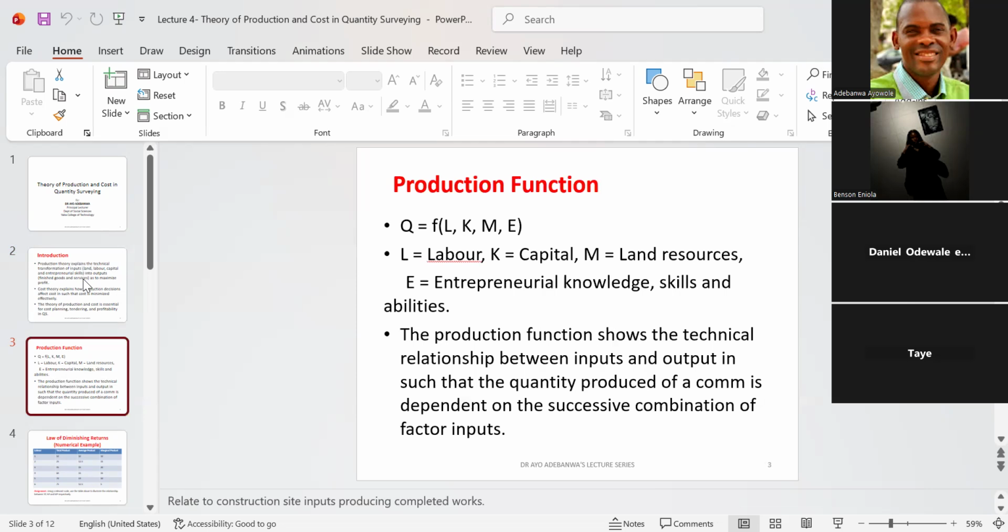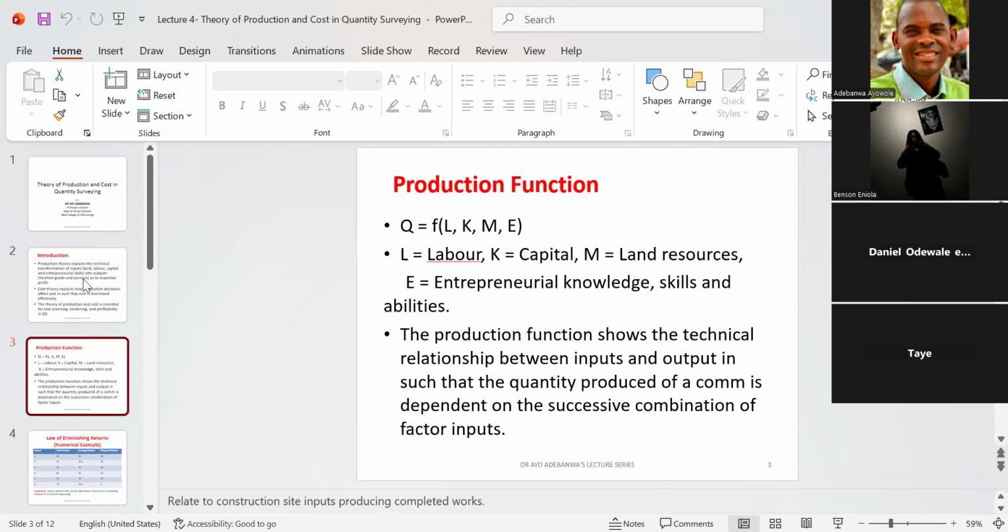So the production function shows the technical relationship between inputs and outputs such that the quantity produced of a commodity is dependent on the successive combination of factor inputs.